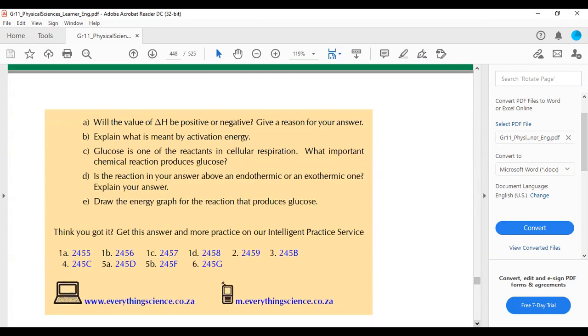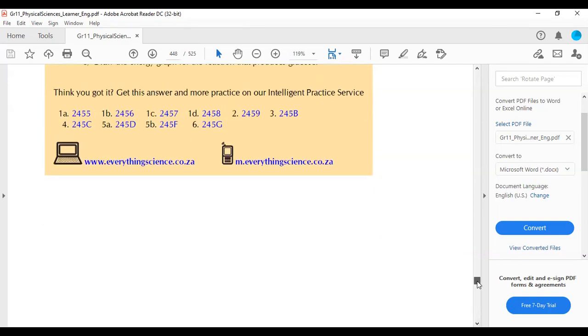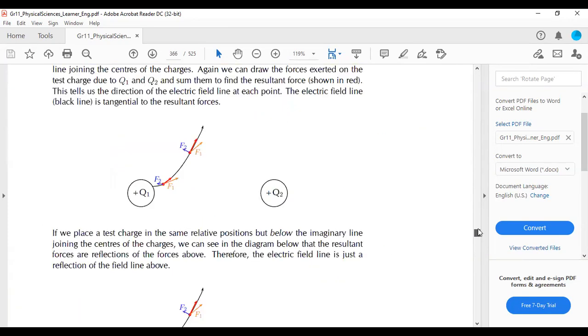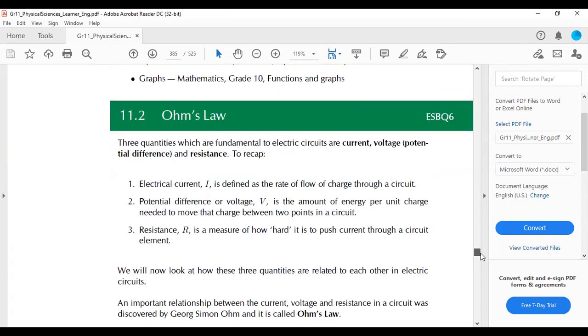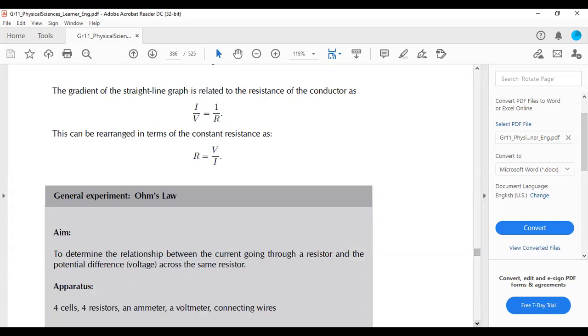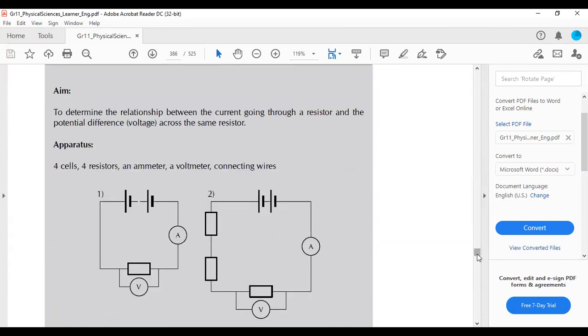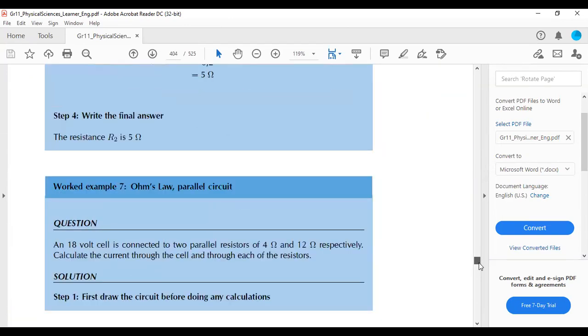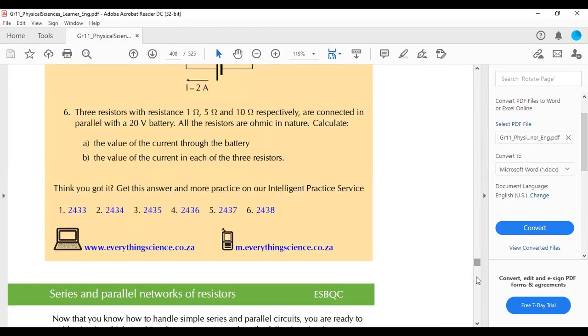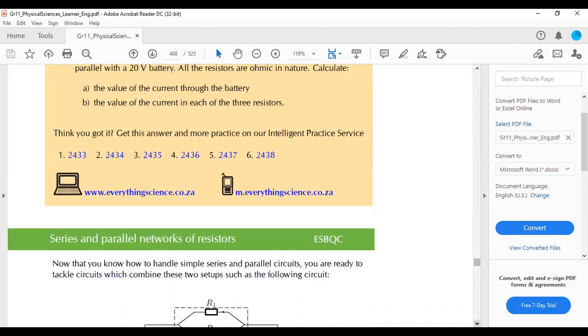Okay, so basically, I'm just looking for an example. Oh God, now I'm moving too far. Okay, sorry about that, guys.